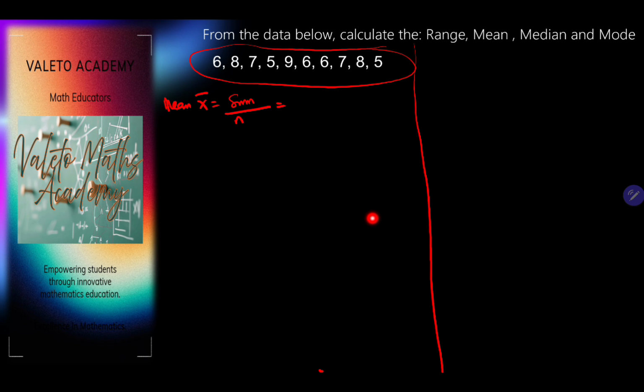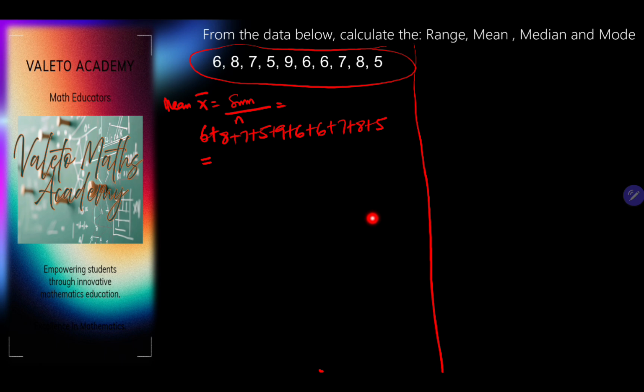So for the mean here, the first thing to do is to add the data set, which is 6 plus 8 plus 7 plus 5 plus 9 plus 6 plus 6 plus 7 plus 8 plus 5.